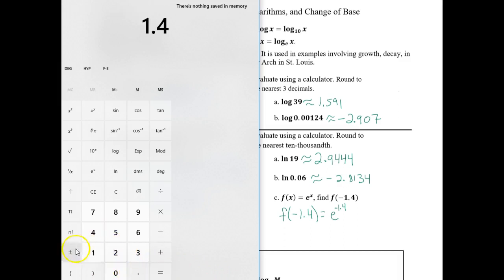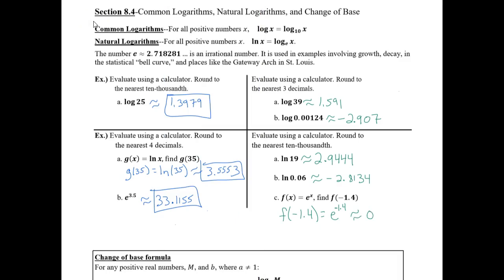I'm going to make that negative, and then I'm going to take the base e to that power. So we can see here e to the negative 1.4 power. That little caret means exponent. And I'm going to round that to 10,000th place. So 1, 2, 3, 4. Look to the right. That 9 says round that 5 up to 6. So approximately 0.2466. And there you have it. Hopefully you found all those buttons on your calculator.